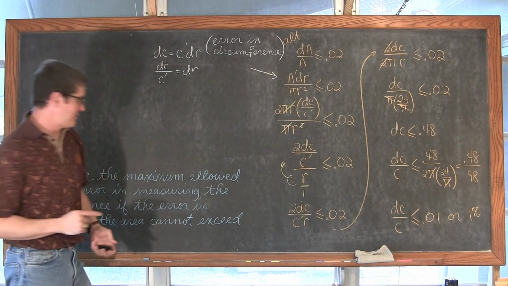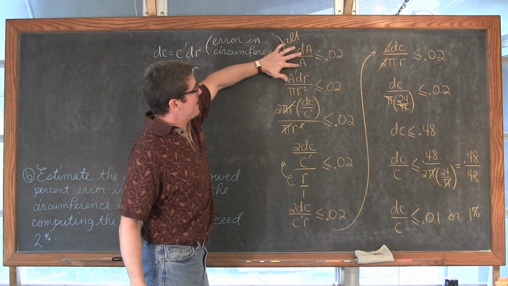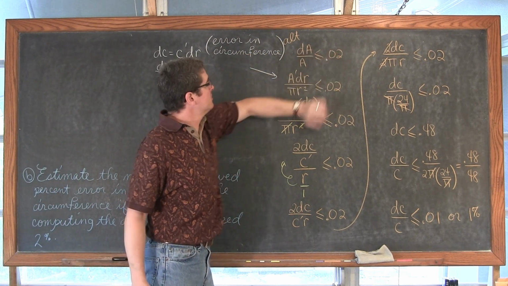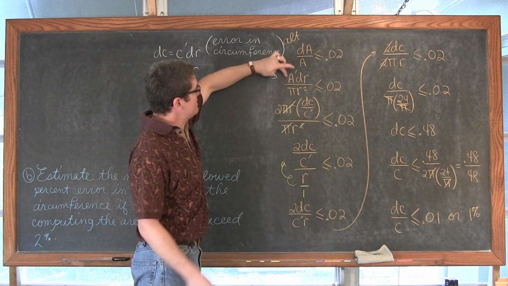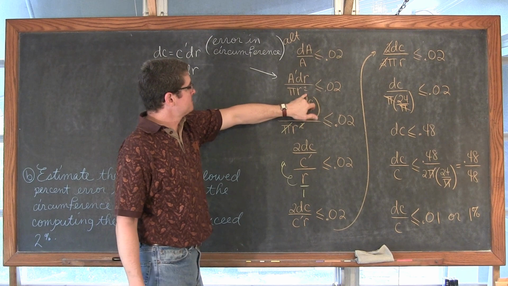Now, if you're getting real fancy with your algebra and you're not using your calculator, we have, again, dA over A had to be less than or equal to 0.02. Well, the differential of A is A prime dr, and the area formula is pi r squared.